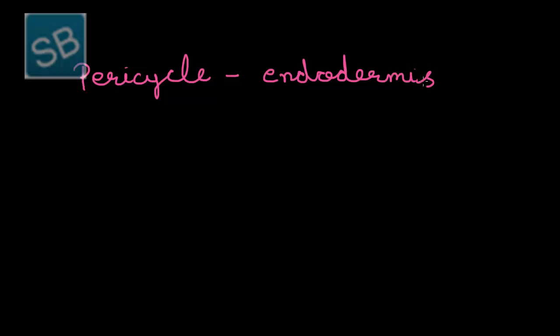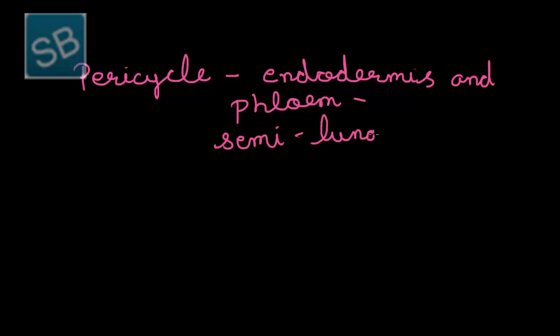Then, following endodermis, a layer known as pericycle appears, which is located between endodermis and the phloem in the form of semilunar patches of sclerenchymatous cells.